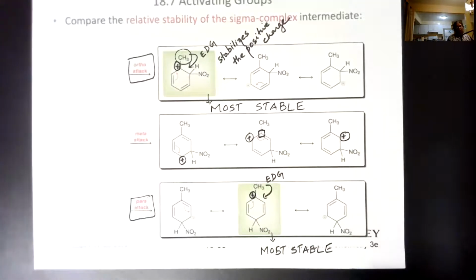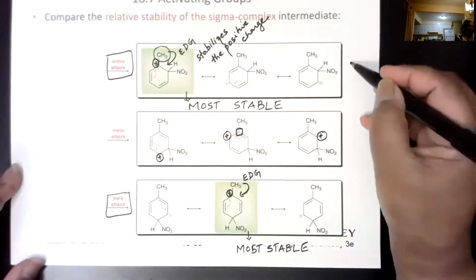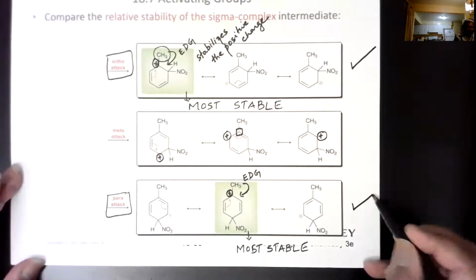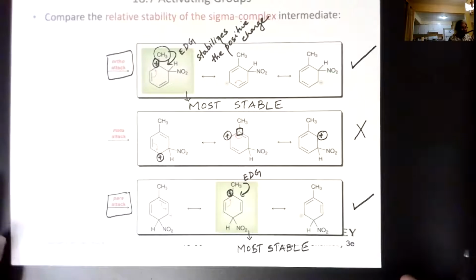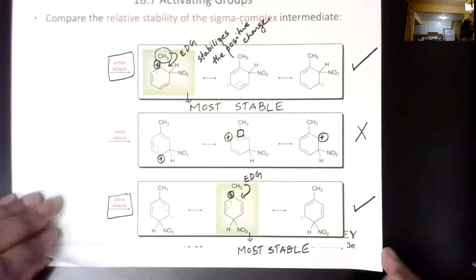And therefore, you get three structures, but they're all of equal stability, and you do not have one that is better enhanced by resonance. So this is preferred, this is also preferred, and this is avoided. So that's why we say the CH3 group and any activating group like the CH3 group will have more of the ortho product and the para product and very little of the meta product.